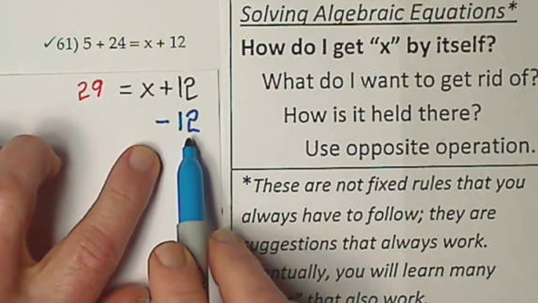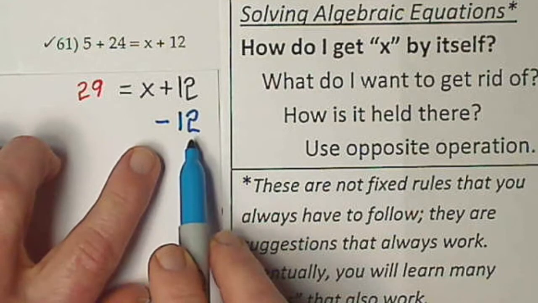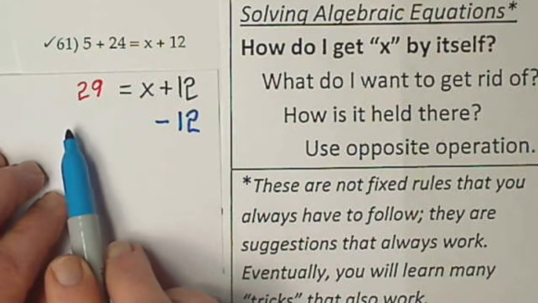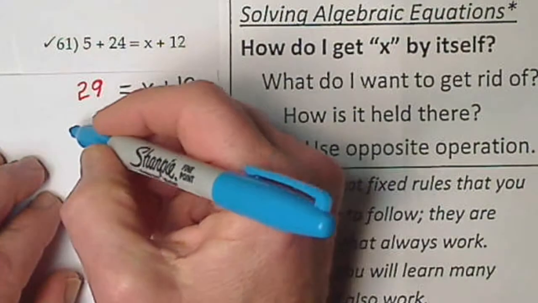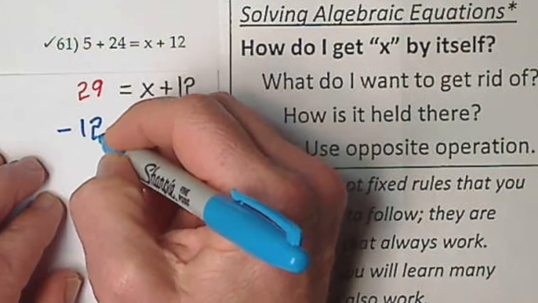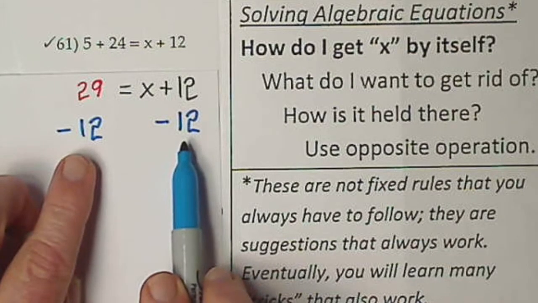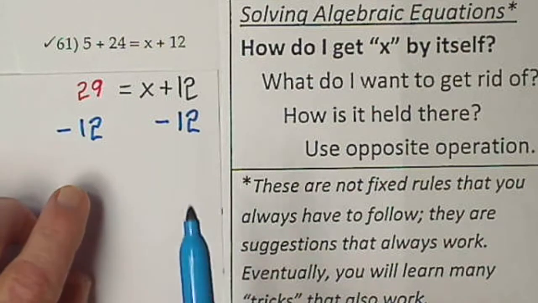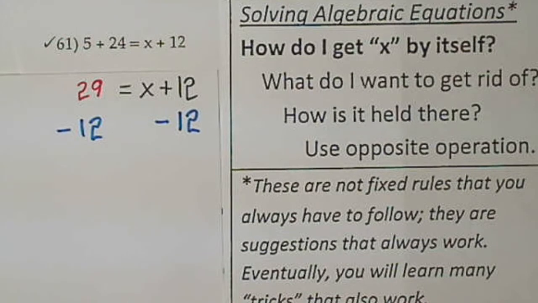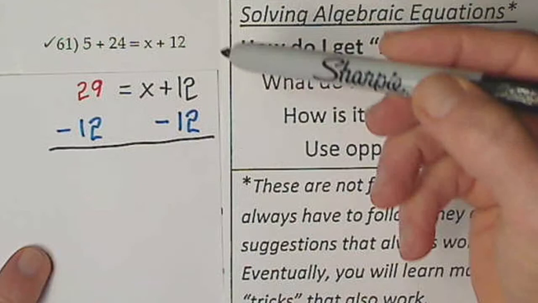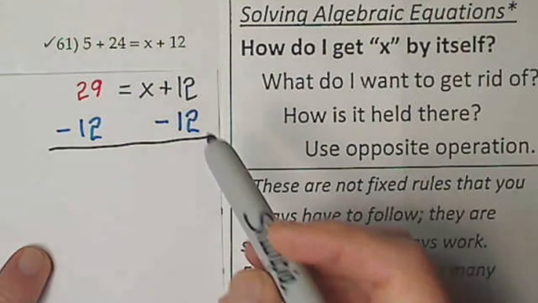And to solve algebraic equations, whatever you do on one side, you have to go to the other side of the equal sign and do the exact same thing. So I put a negative 12 on each side of the equation. As long as I put the same thing on each side, I can do just about whatever I want. Then I just draw a line here and bring everything down.